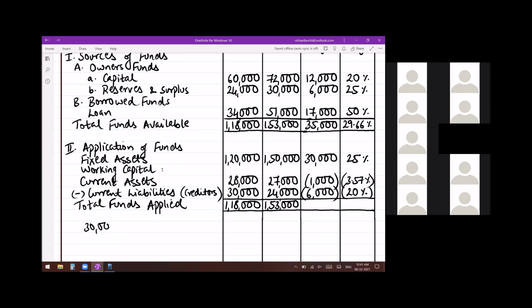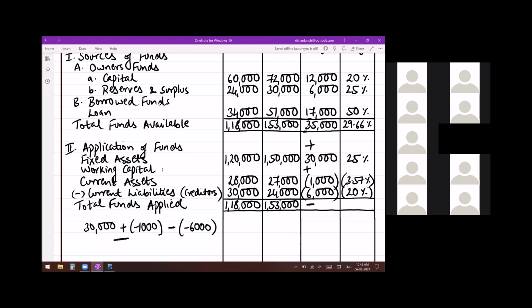You have to add current asset. So plus, but current asset is negative here, minus 1,000. And current liabilities have to be minus. So minus 6,000. You have to take into consideration 30,000 has to be added, 1,000 has to be added, and 6,000 has to be minused. So that's what I've done.